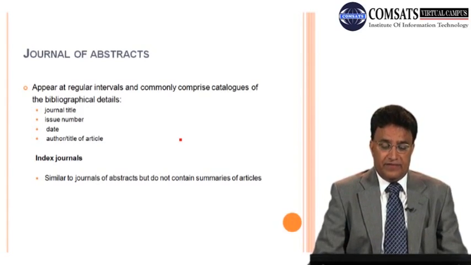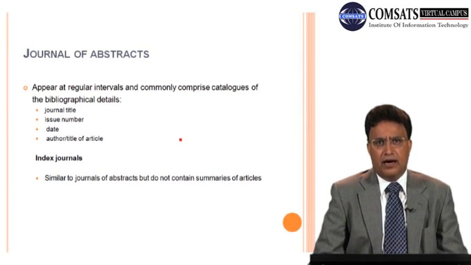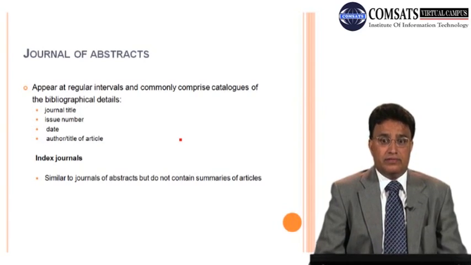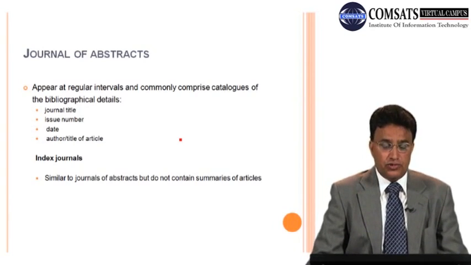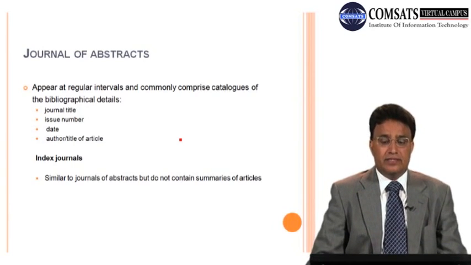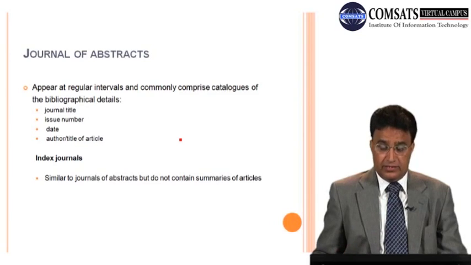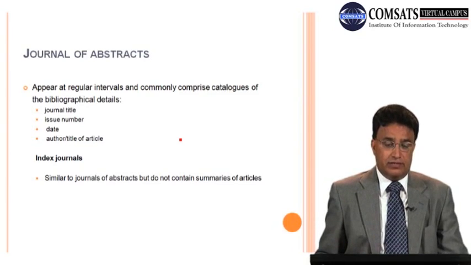They are different in the sense that index journals do not contain summaries of articles, whereas in Journals of Abstracts you have brief information as well as the summary of the articles. That summary is missing from index journals.